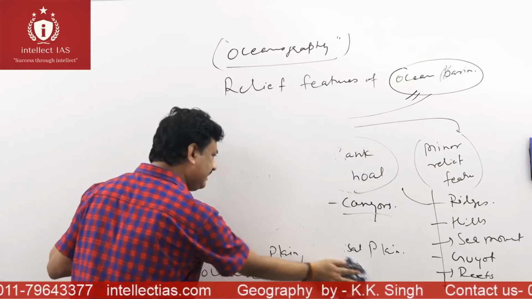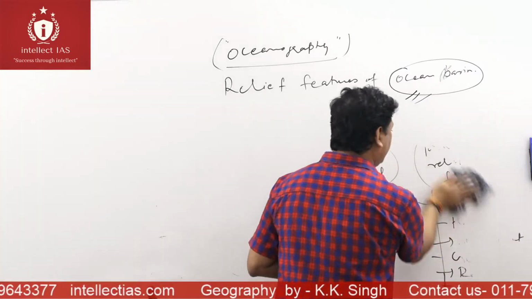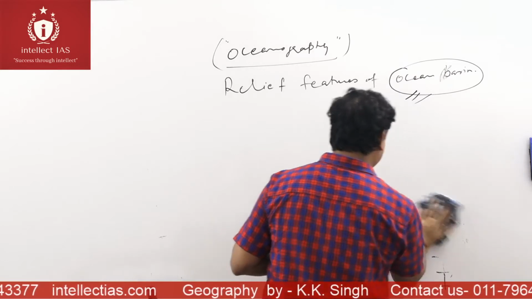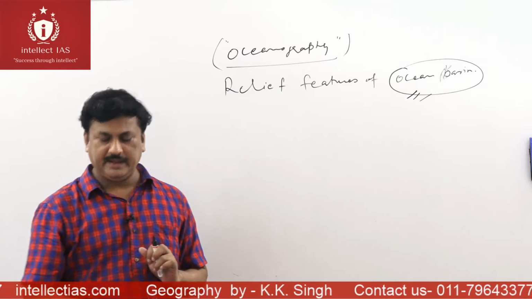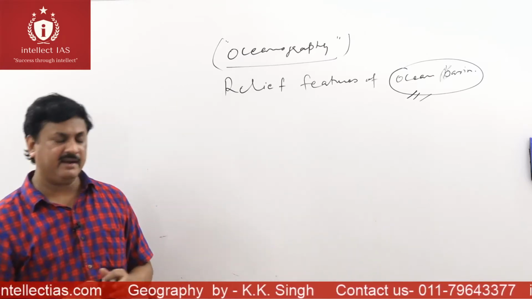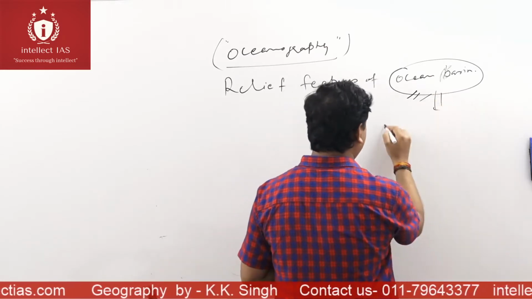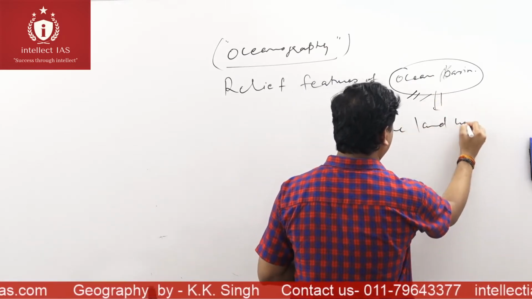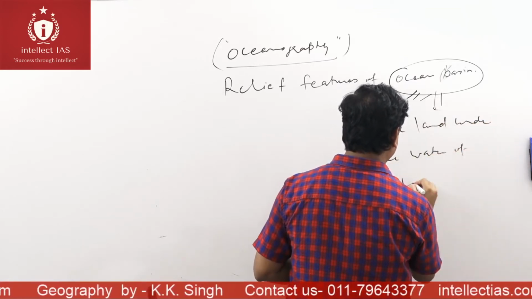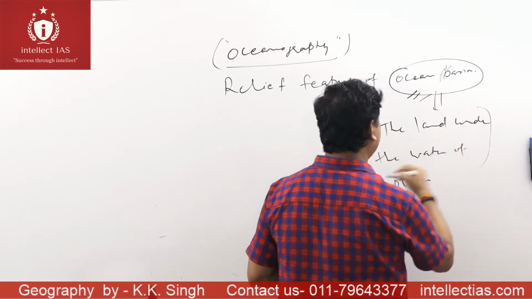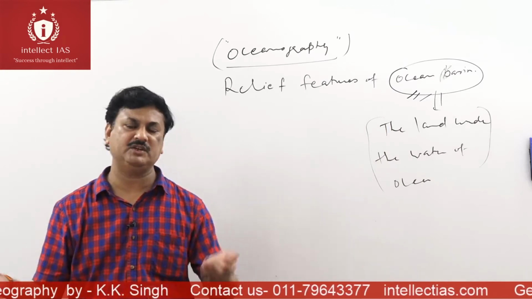What is ocean basin? The land under the water of ocean is called ocean basin or ocean floor, and this floor has a large number of relief features, which are known as relief features of the ocean basin.